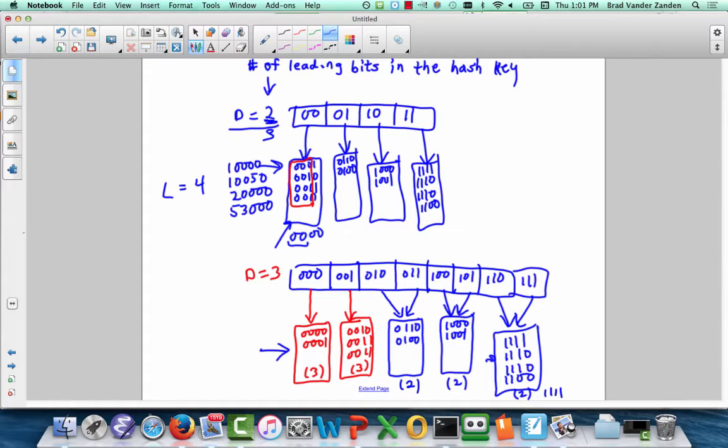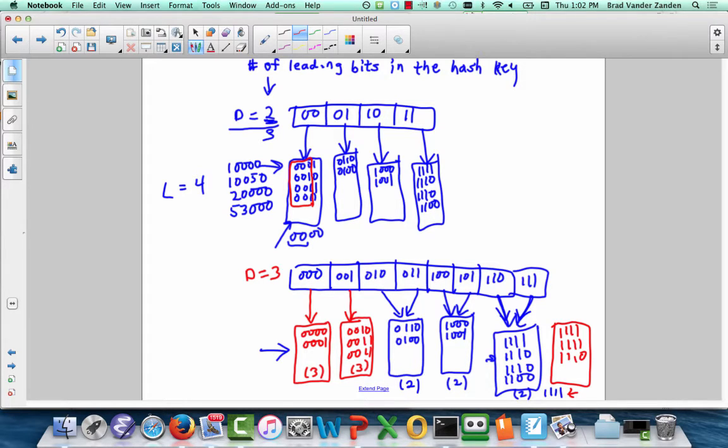It was only using 2 leading bits, and therefore we can simply split this leaf into 2 and separate these 2 entries so that they now point to different leaves. So we just add a new leaf and move all the 1, 1, 1s over to it. So this one comes over too, and the 1, 1, 1, 0.